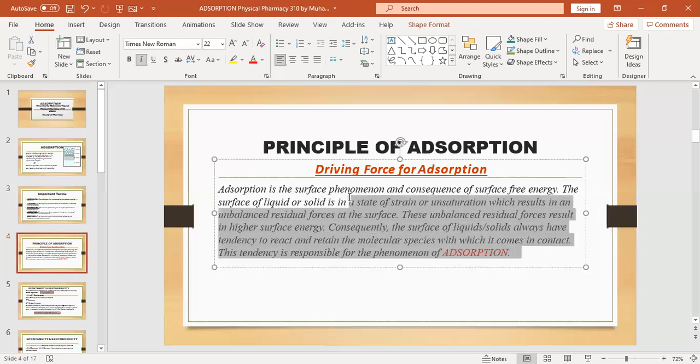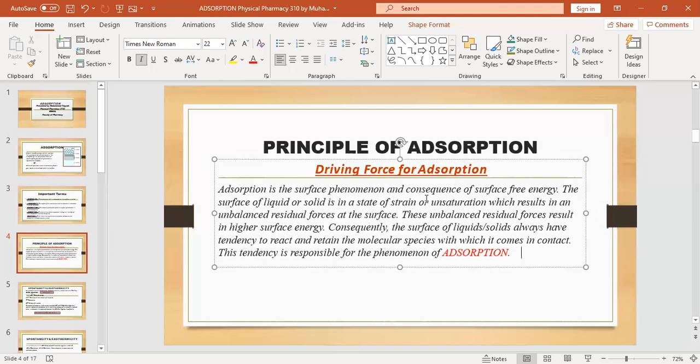It means adsorption is a surface phenomenon. By surface phenomenon, we mean that it will occur at the surface or at the interface of the two phases. If we talk about what surface energy is, by surface energy we simply mean the energy which is present in the system and is responsible for the work done.